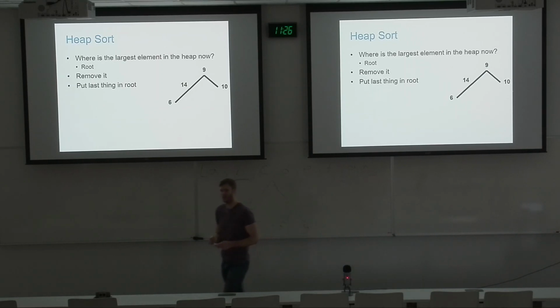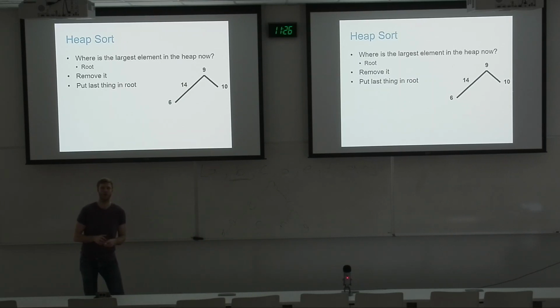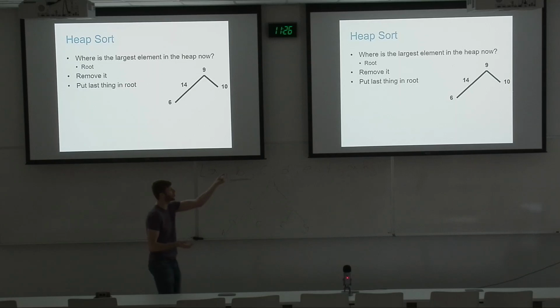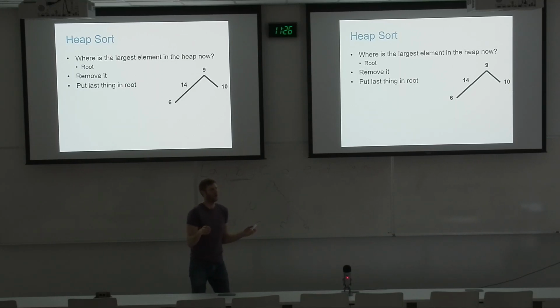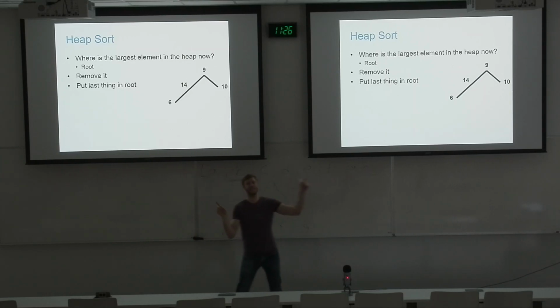Now, of course, by looking at this, is this a max heap? No, because 14 should be above 9. So we have to fix the ordering of our heap. And this is where, before, when we were building the max heap, we added things at the bottom and we bubbled them up.